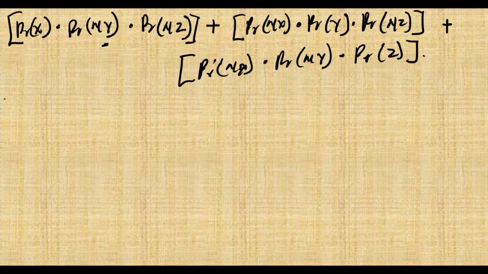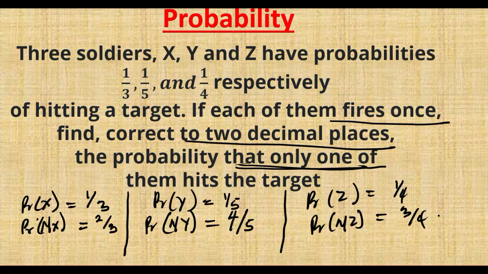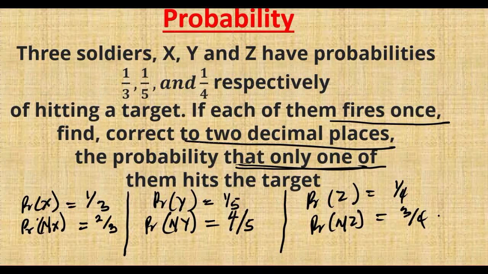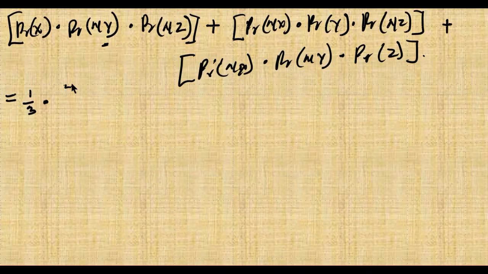Now let's input these values. The probability of X to hit the target is 1 over 3, and probability of Y not to hit the target is 4 over 5, and probability of Z not to hit the target is 3 over 4.